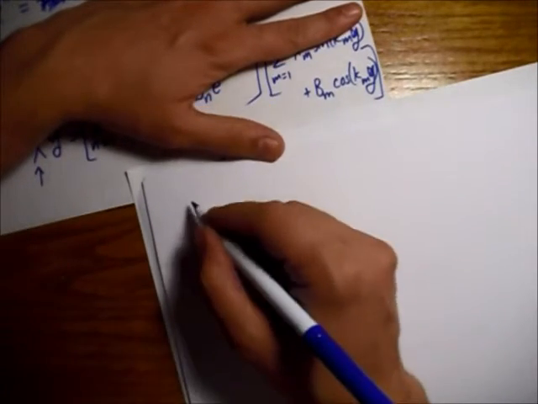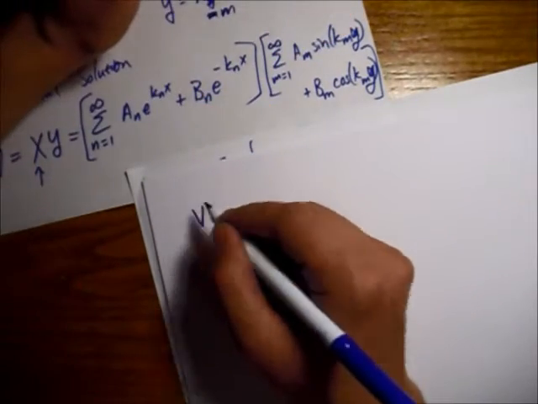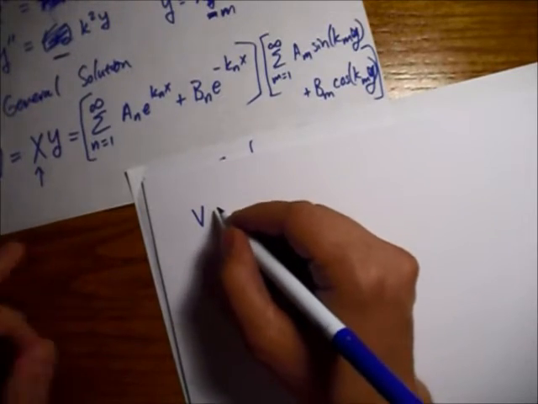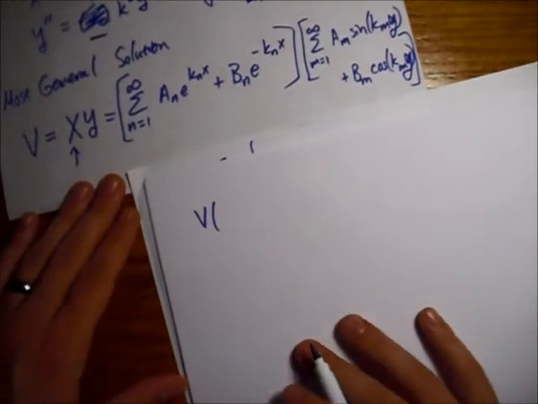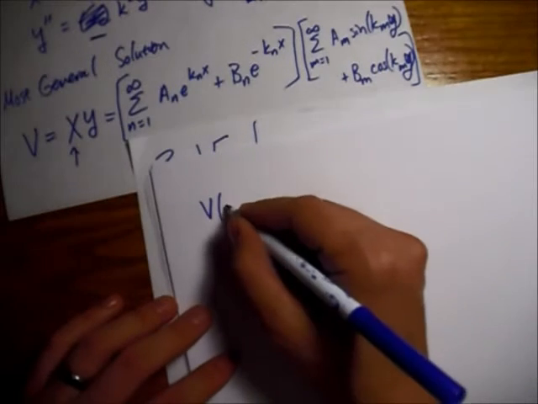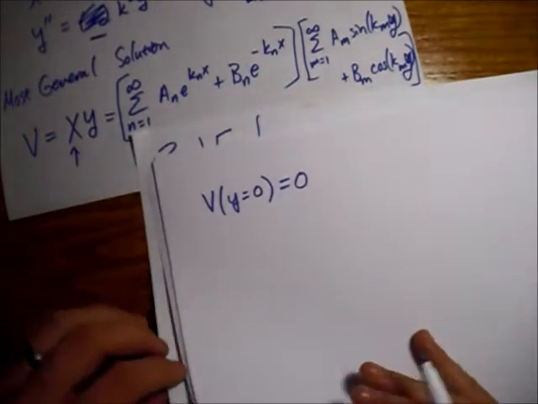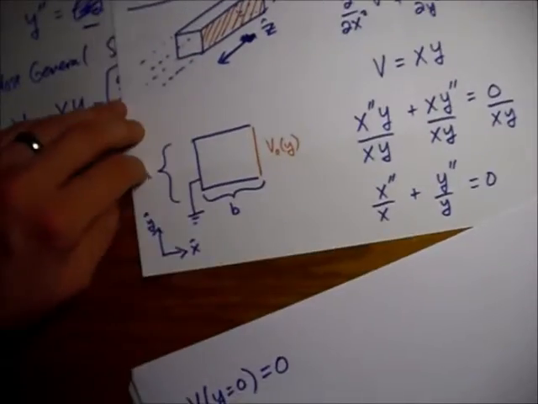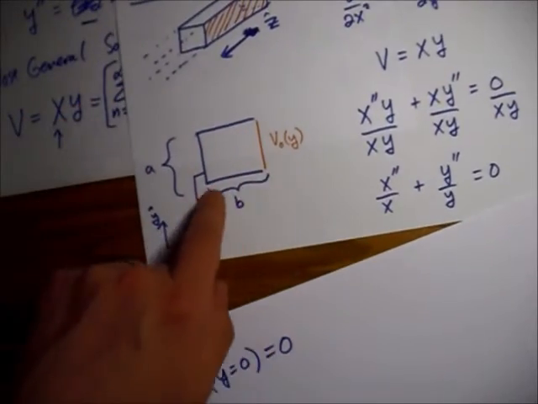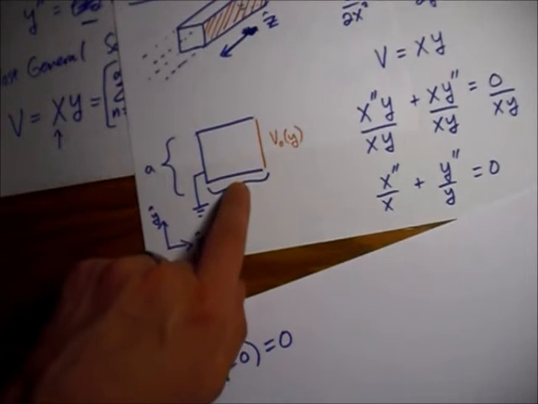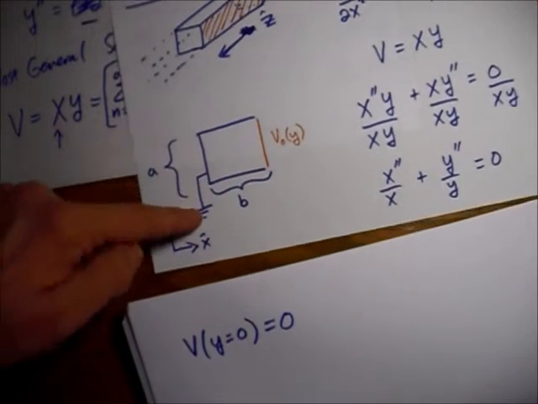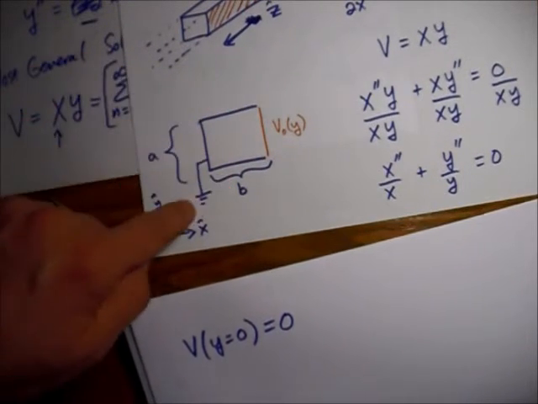So let's write out our boundary condition that we're using. V at y equals 0 equals 0. What that is saying is that this bottom side right here is equal to 0. It's grounded, right? These are all connected. It's grounded.